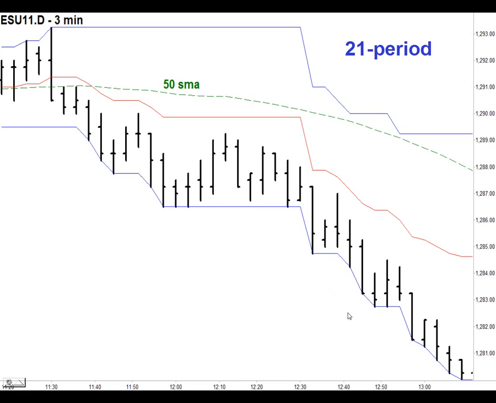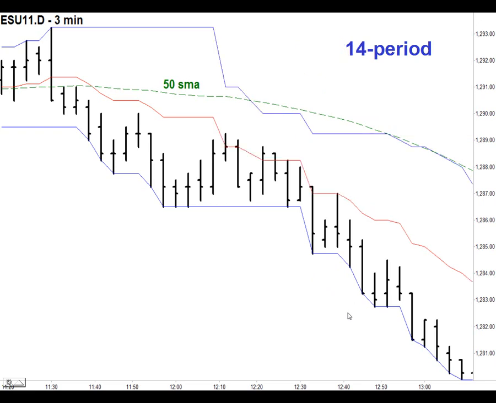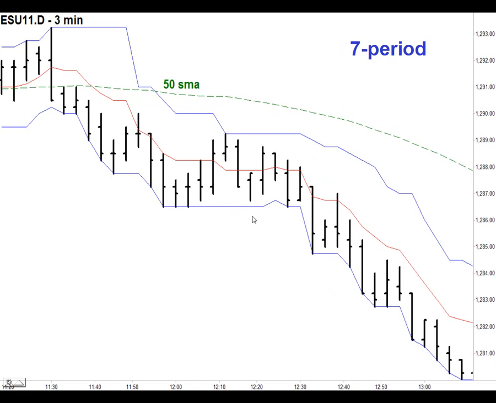So what we've done is we've sped things up, we've gone down to a 14-period, and now you see that we're beginning to touch the midline, and then we can also go down to a 7-period. Now you see that there are some actual bars above and touching and closing above the midline. So we're giving ourselves more opportunities by going down in these fast short-term markets here.